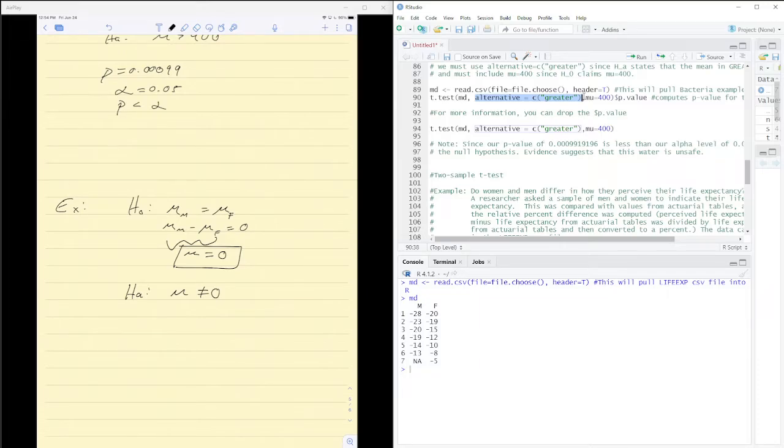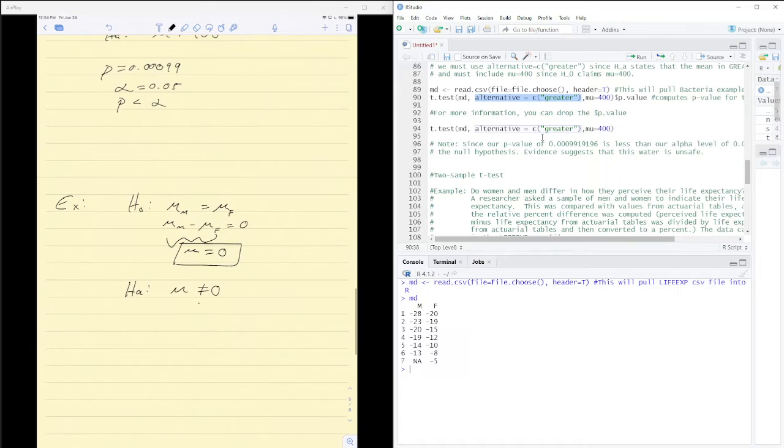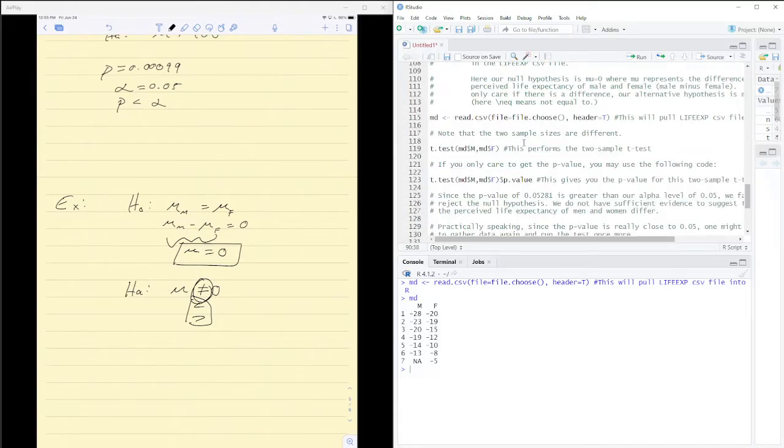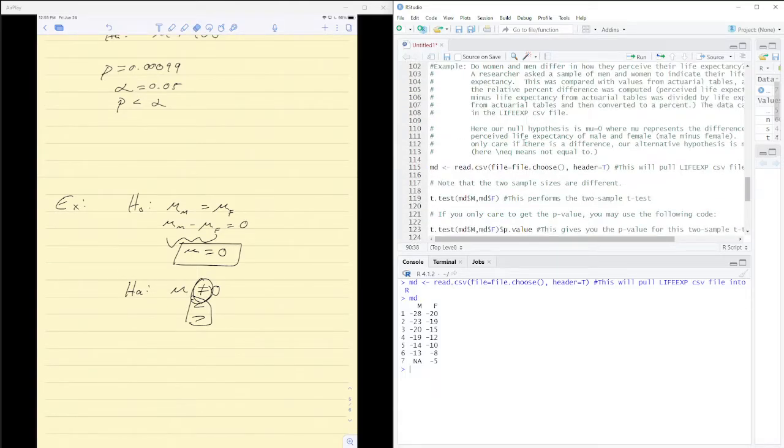But if it's just different than, it could be greater than or less than, you don't have to specify. By default, it's going to assume not equal to. If it's something like less than or greater than, then you need to specify it in the command. But if it's just a not equal to statement, that's what R is going to assume by default. And you don't have to enter it.